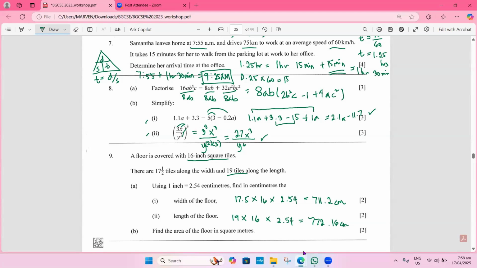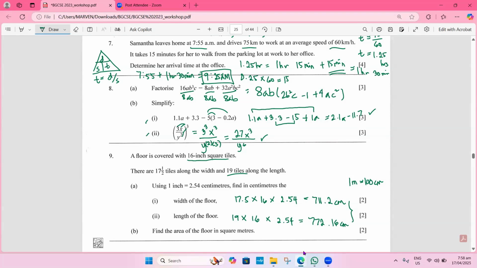Now find the area of the floor in square meters. We can actually multiply these two first before we convert into meters, or we can convert first 711.2 into meters. We know that 1 meter is 100 centimeters.